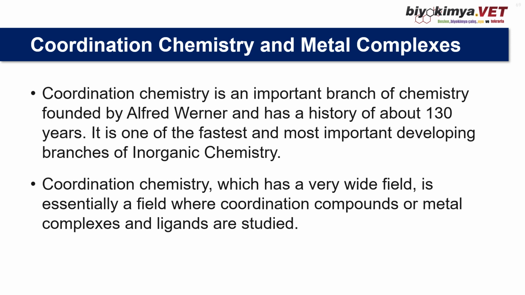Coordination chemistry, which has a very wide field, is essentially a field where coordination compounds or metal complexes and ligands are studied. Under the title of Coordination Chemistry and Metal Complexes, it is aimed to give brief information about the subject and metal complexes in biological systems.